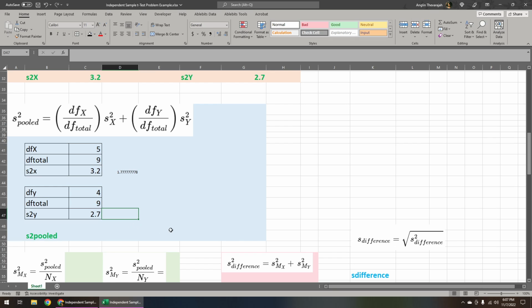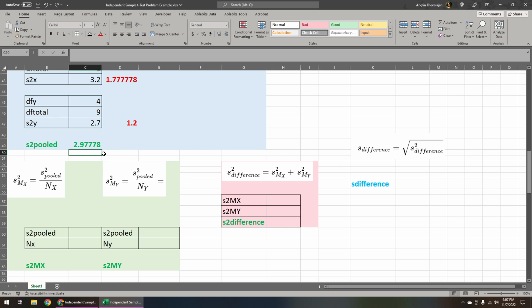And then for your S2y, same thing like we did in the last part. So this is what you should have. And then S pooled is just going to be these two added together, so equals this plus this.